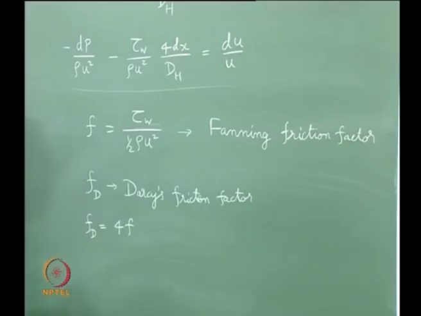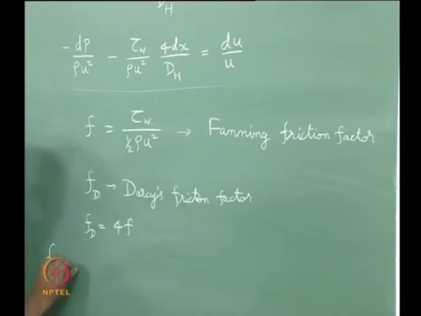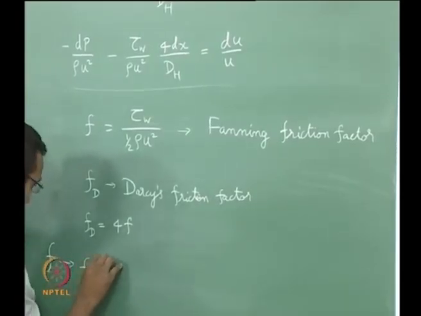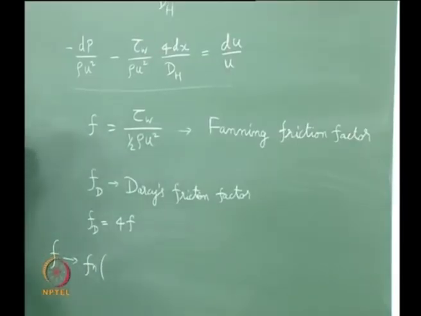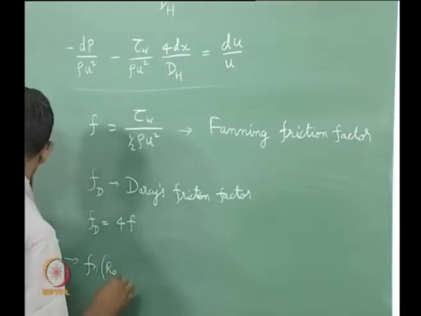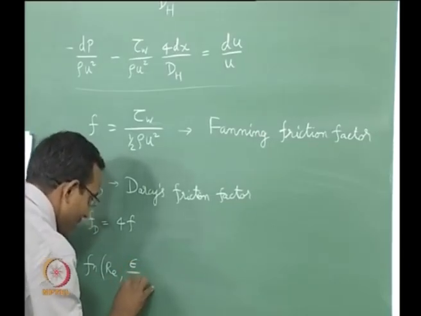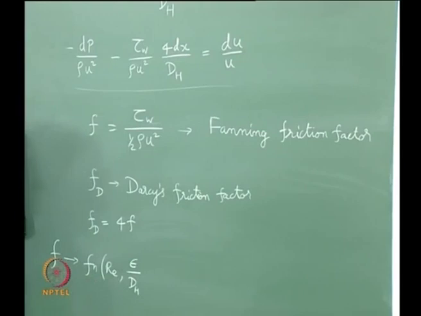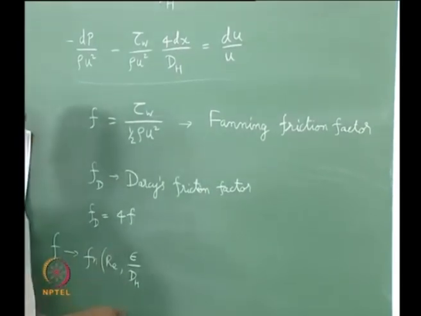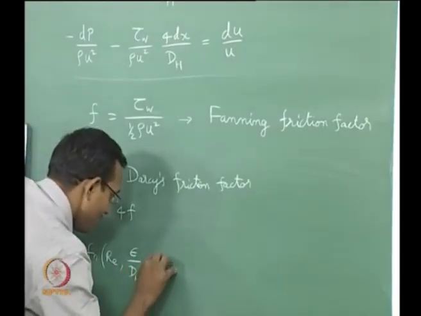It so happens that the friction factor f is a function of Reynolds number, the surface roughness of the wall epsilon normalized by hydraulic diameter, and the Mach number.